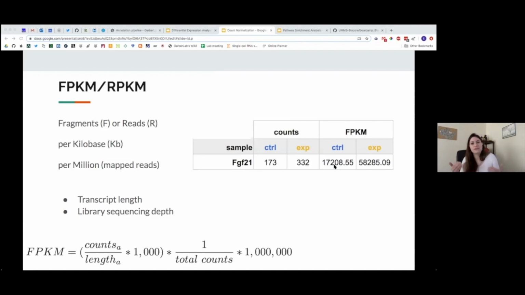Okay, for every 1,000 bases, I expect to have 17,000 reads for this gene if I sequenced 1 million, if I mapped 1 million reads, but it's hard to digest, at least to me. It doesn't really mean anything. Okay, it serves well for me to compare control and experiment, but it's not really full of biological meaning.